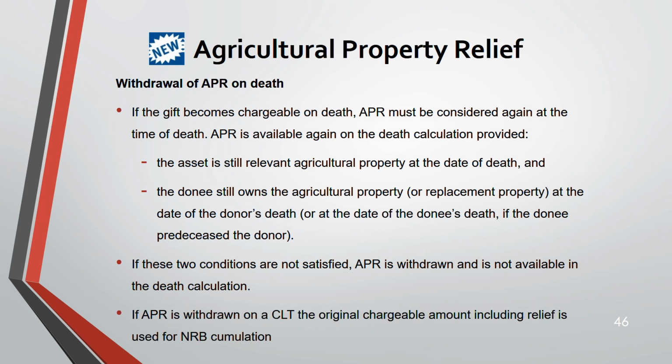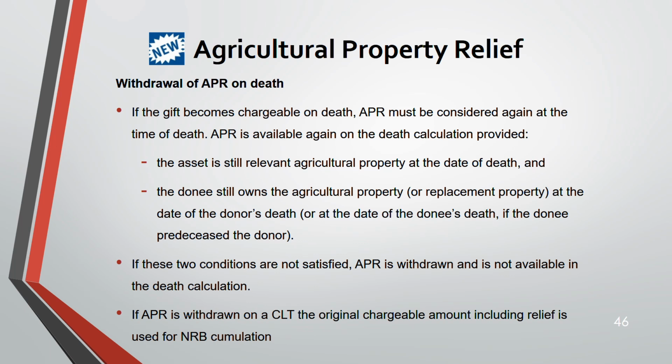Then, if APR is withdrawn for a chargeable lifetime transfer, remember for the nil rate band accumulation, we are using the original chargeable amount only with the relief. That means with that APR, because during lifetime we gave the APR. It is only at the time of death that it is withdrawn. For a CLT, the gross chargeable amount, we are carrying forward using the nil rate band at the time of gift.